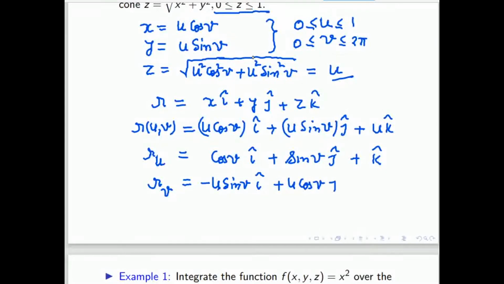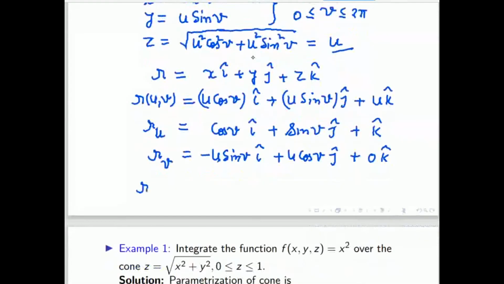Now we need the cross product ru cross rv. You have to write it in matrix form: i cap, j cap, k cap, then cos v, sin v, 1, and minus u sin v, u cos v, 0.